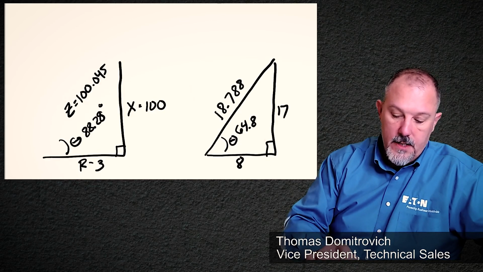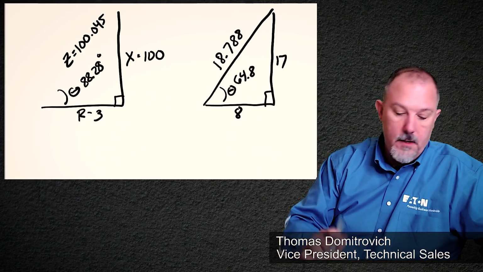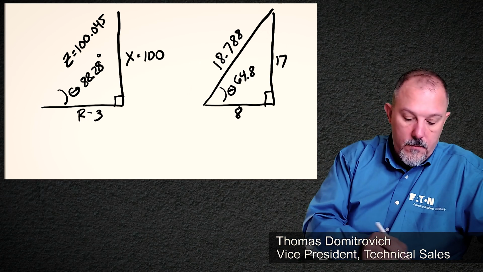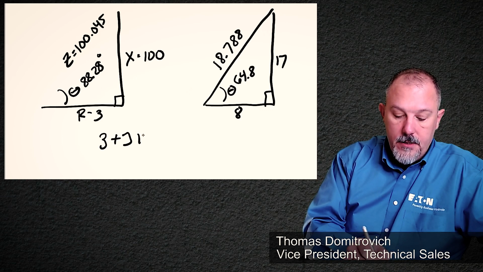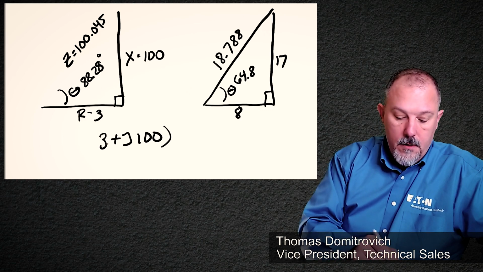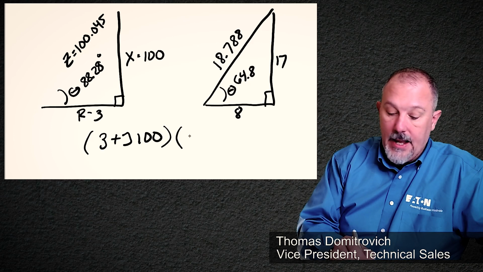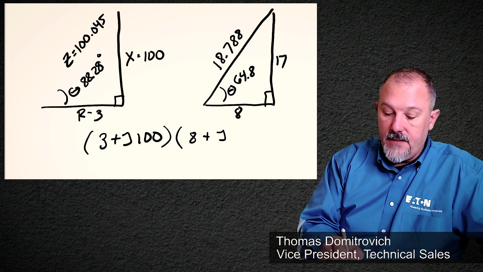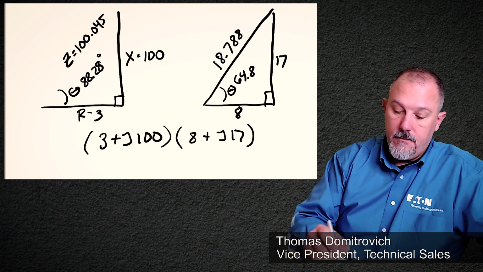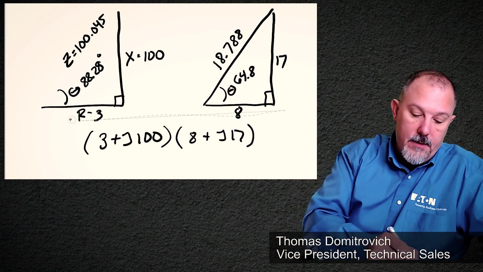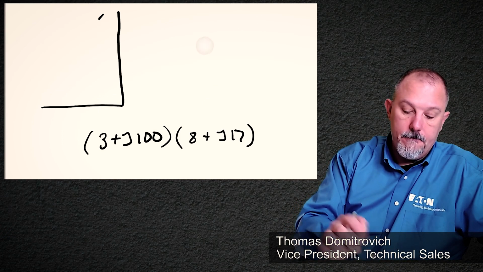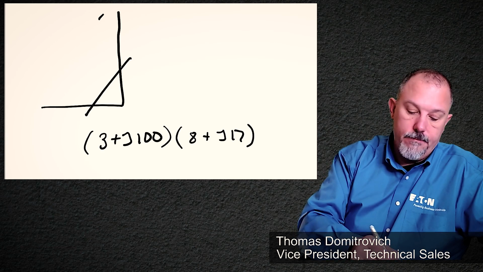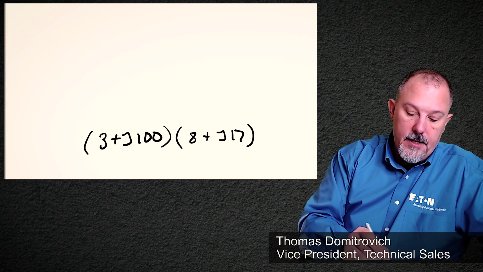I'm going to move this up a little bit. All right, so we know we have 3 plus J100, and we want to multiply that by 8 plus J17. Okay, now I don't need this anymore. Delete. And let's move this up.